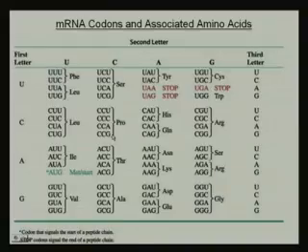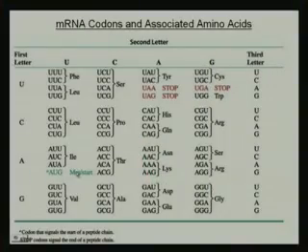But there are some exceptions: AUG is the start codon which codes for methionine, and UAA, UAG, UGA are called the stop codons, and only one codon codes for tryptophan, which is UGG.